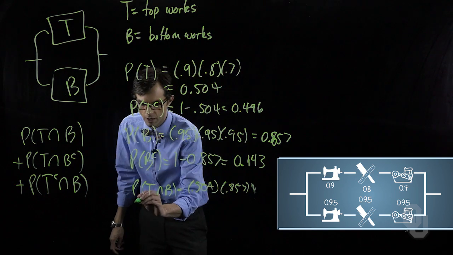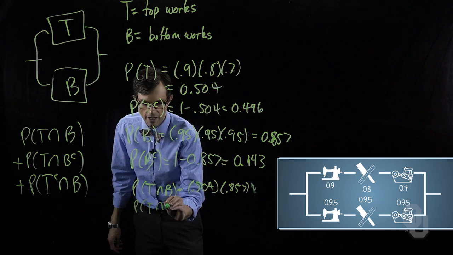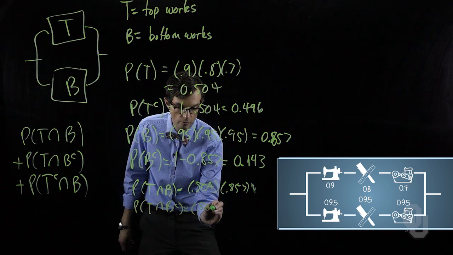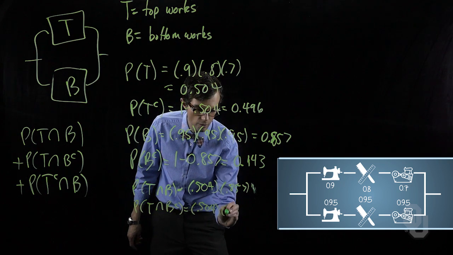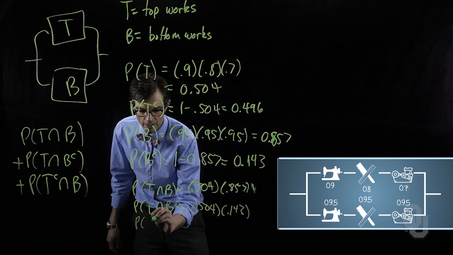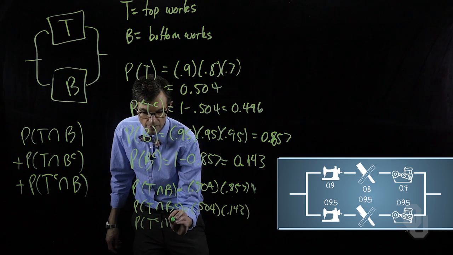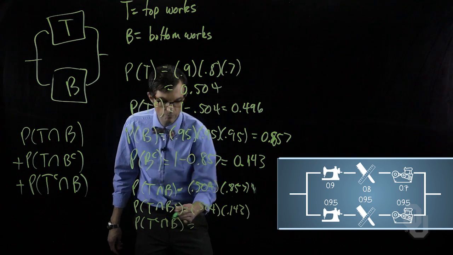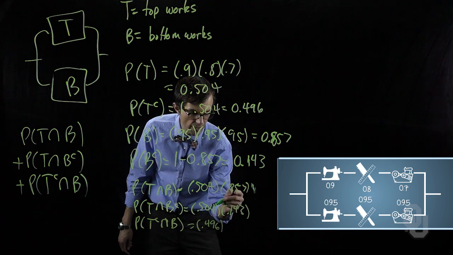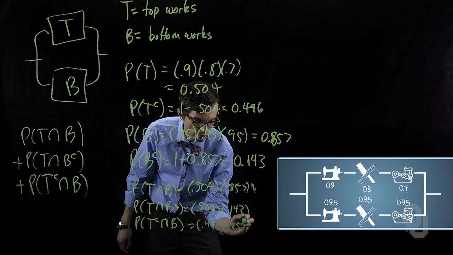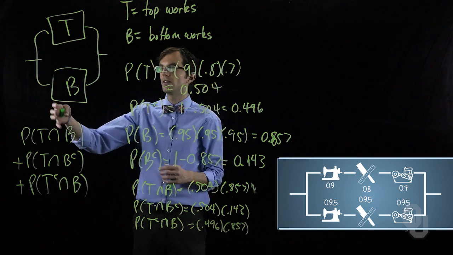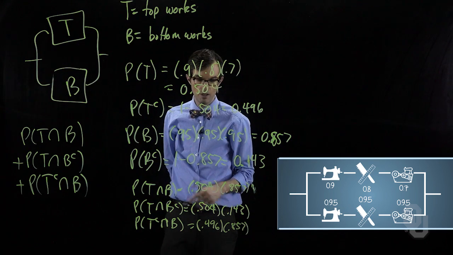The probability of top and B complement would be 0.504 times 0.143. And let's look at the probability of T complement and B. T complement is 0.496 and B is 0.857. This gives us the probability that we can get through the shop floor.